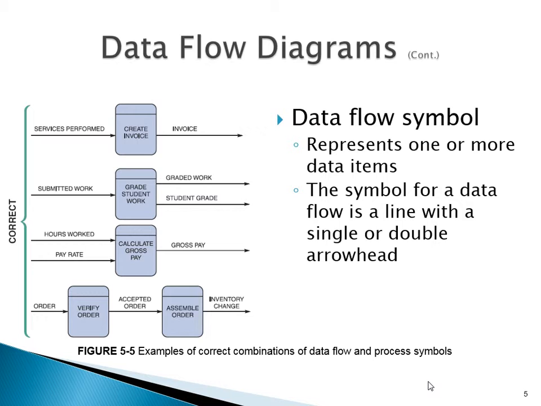Process could be complete transaction. Process could be create member profile. Process could be swipe key card. You get the idea what a process is. Something that's initiated that's going to result in something, right?